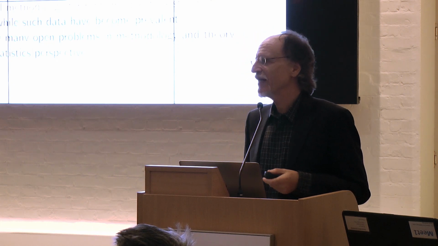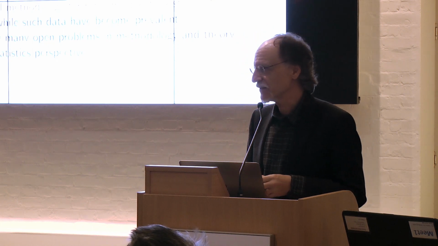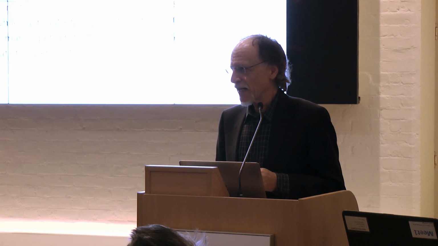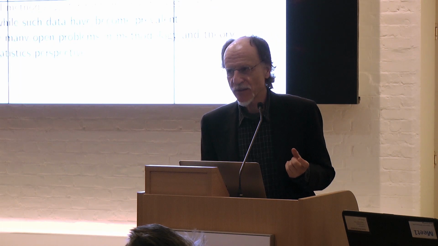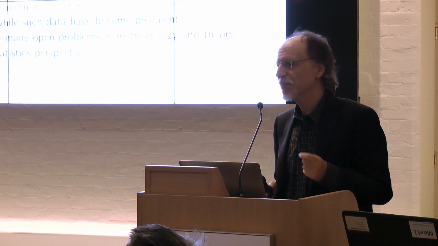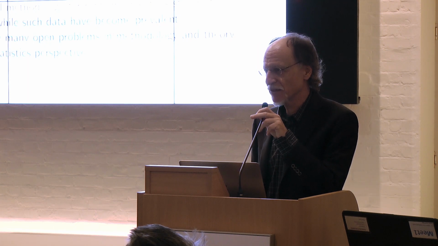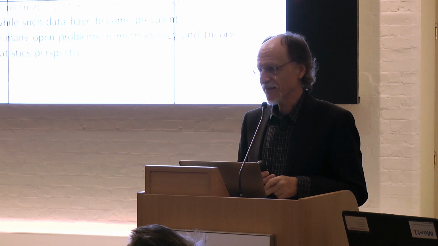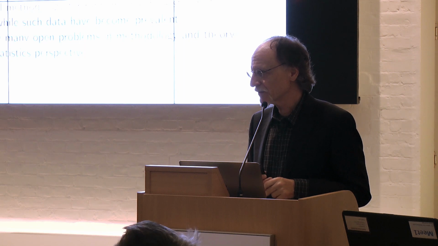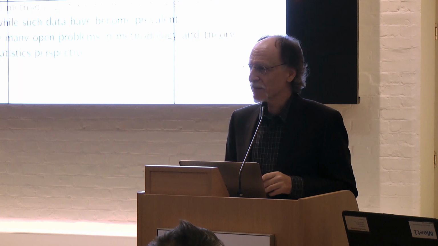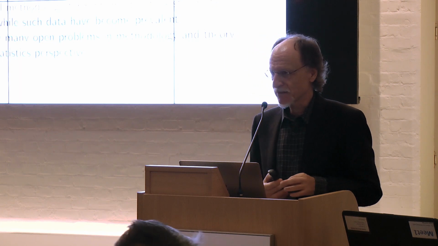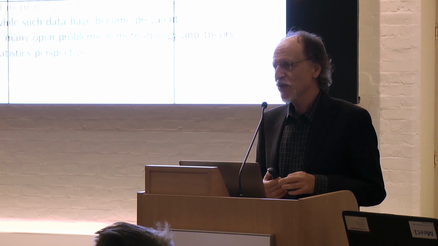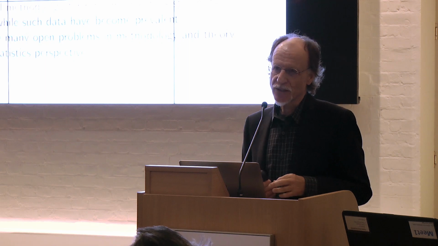So why is this topic of interest? Because from a statistical point of view, there are not that many methods available for random objects in general. There are, however, many data which fall into this category, and there are many open problems from a statistical perspective in both theory and methodology.